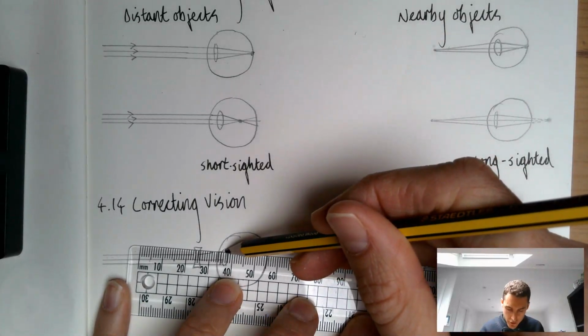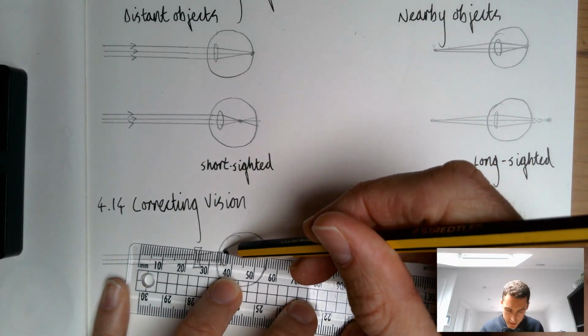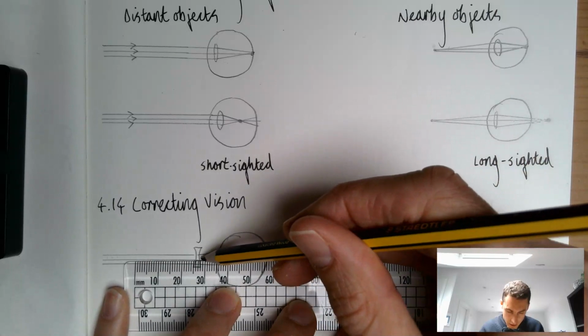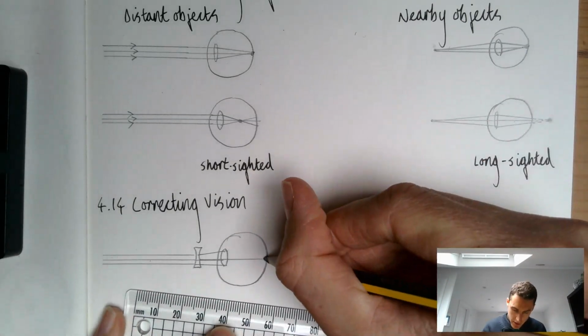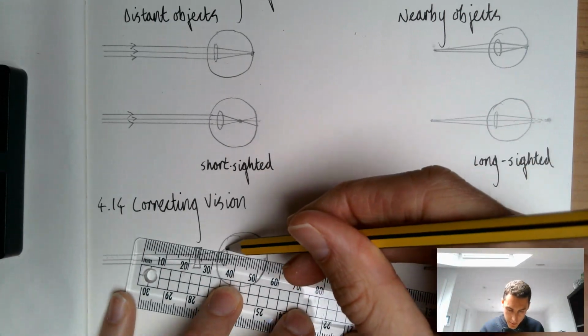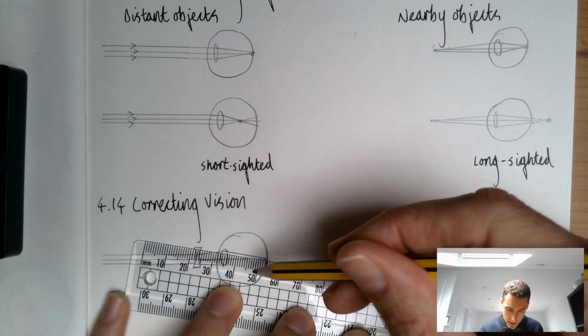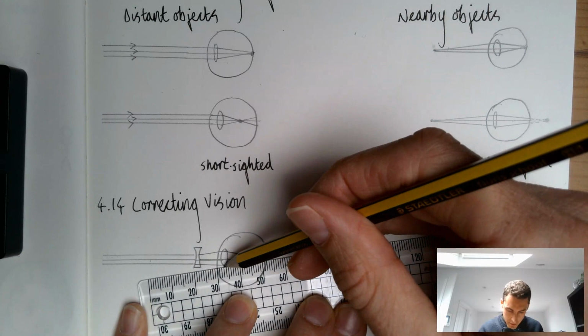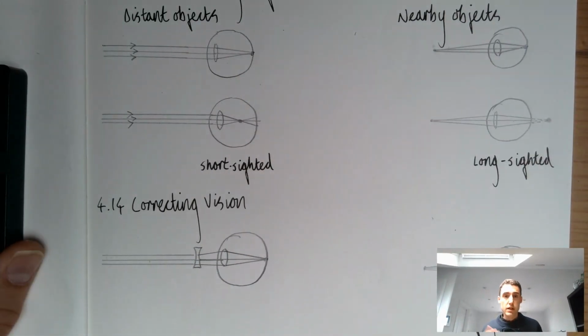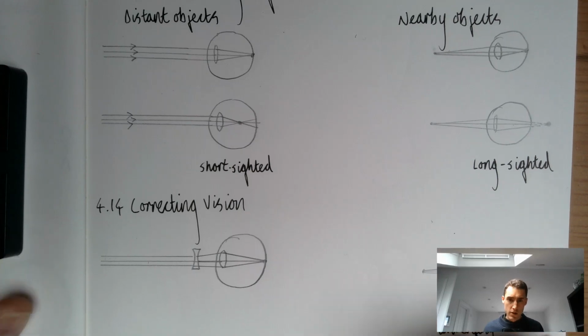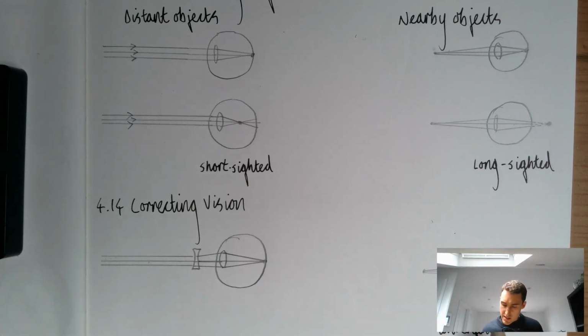So because they have to do more refraction, well, that is actually quite handy. I don't seem to have got my diagram very good here. Again, this is why it's worth you taking your time to practice this, because these diagrams can be very fiddly. Lined paper might be better as well than plain paper. But hopefully that's clear enough, at least for the purposes of this video, to show that a divergent lens is exactly the opposite.